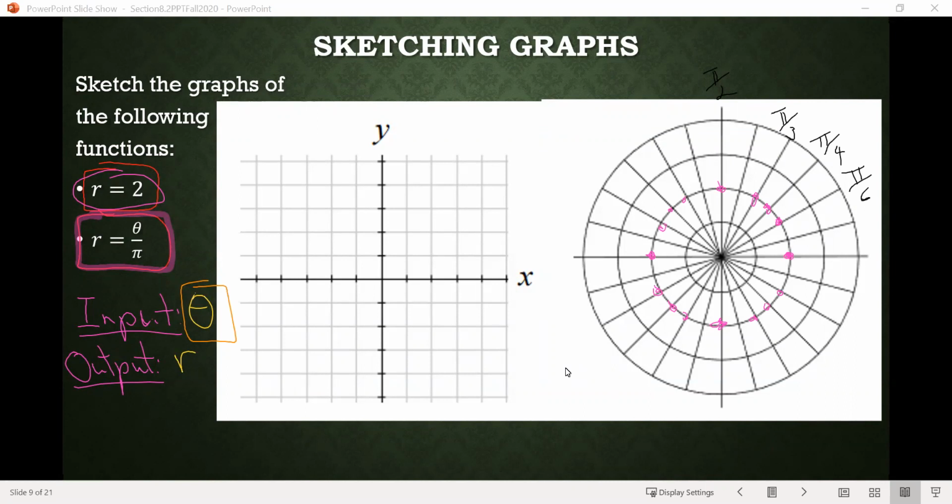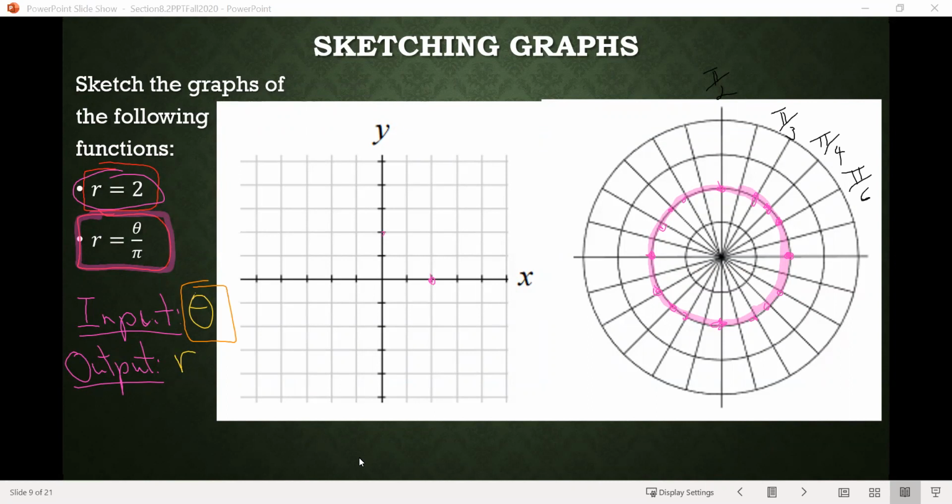And so if I plot all those points and then connect them, you probably already see the shape we're going to get, which is a circle, right? So a constant function in polar, r equals 2, gives us something like a circle. Now, as I mentioned, we can also plot this on a Cartesian coordinate system.